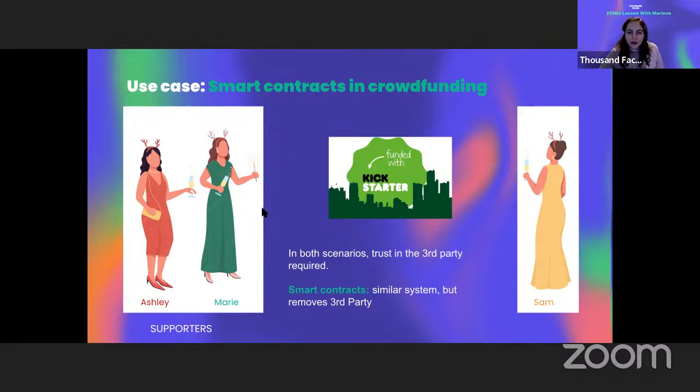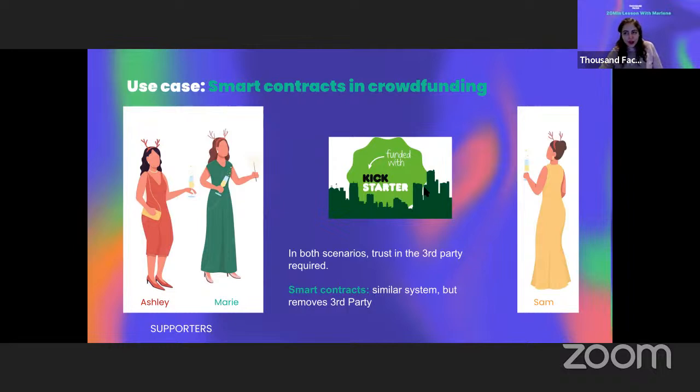So in order for the transfer between Sam and her friends, we need to have trust in the crowdfunding platform that we're using, because we don't know if Kickstarter will close one day. Because they're keeping the funds, we need to trust that they will keep the funds and do the right thing of transferring the money to Sam. So there's this element of trusting this third party between them.